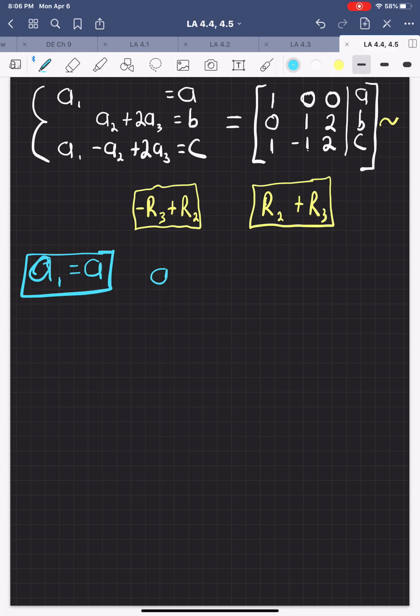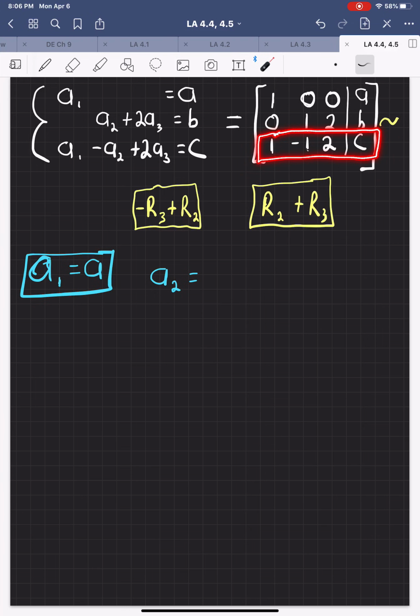Now, let's figure out what a sub 2 would be equal to. Ready? Well, the row operation that I'm doing is negative 1 multiplied by row sub 3 plus row sub 2. Right, so take a look at, this is row sub 3.